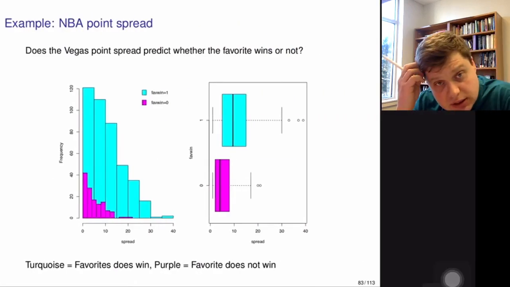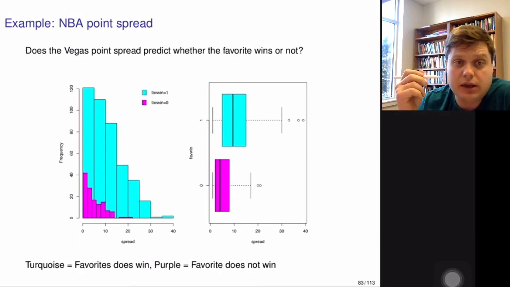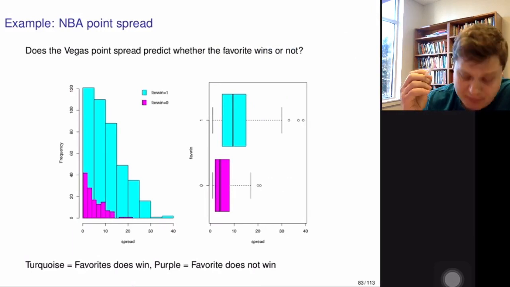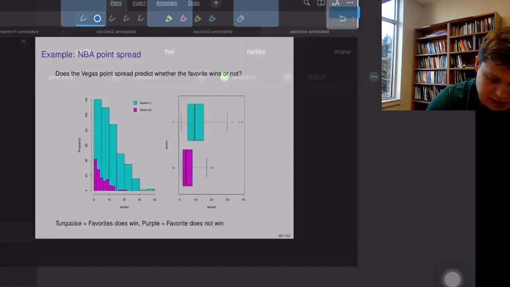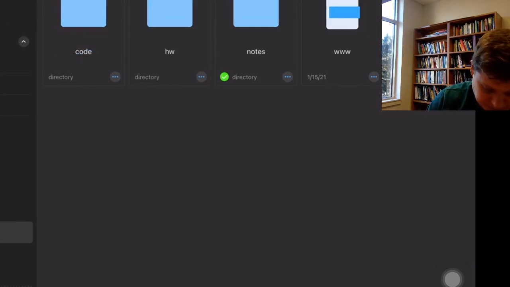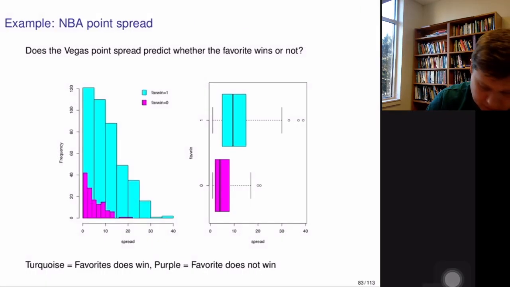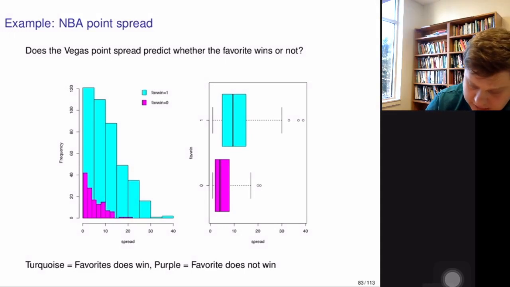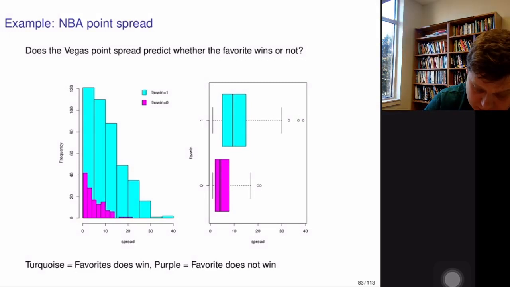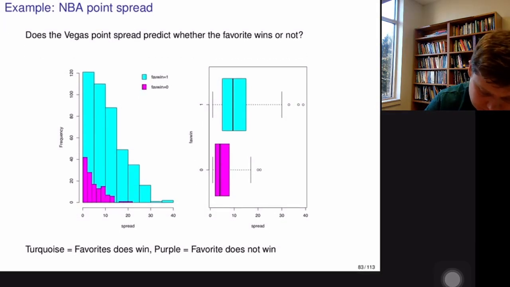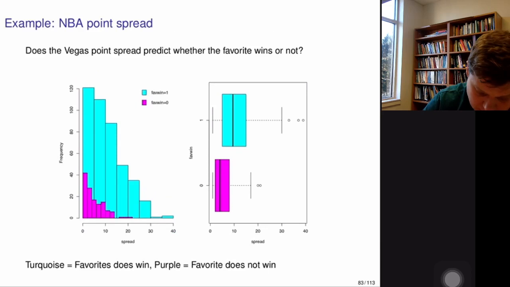So let's look at an example. We're going to look at the NBA spreads. The data set contains two columns: column Y, which is favorite or not favorite, and column X, which is the spread.